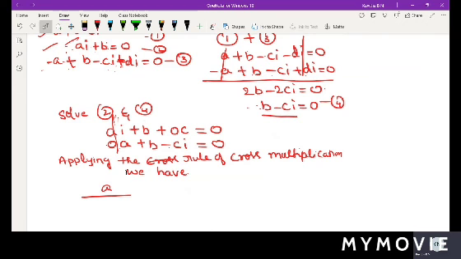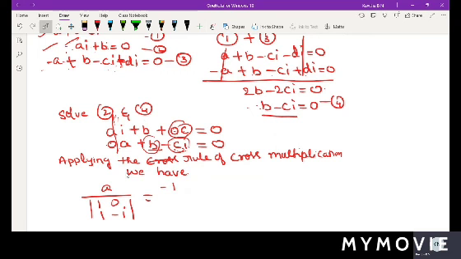Take only b and c elements. The coefficient of b is 1 and the coefficient of c is 0. Then come to the second equation, the coefficient of b is 1, then the coefficient of c is minus i.